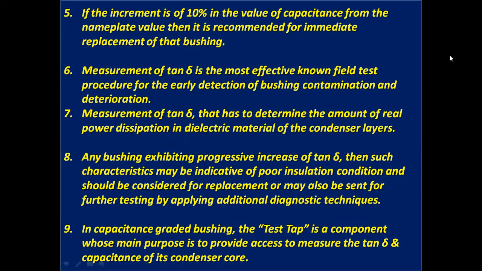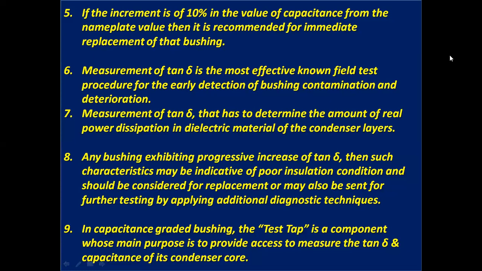Measurement of tan delta is the most effective known field test procedure for the early detection of bushing contamination and deterioration. Measurement of tan delta determines the amount of real power dissipation in the dielectric material of the condenser layers.